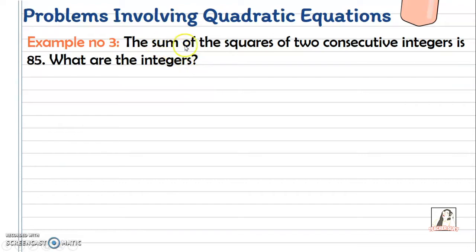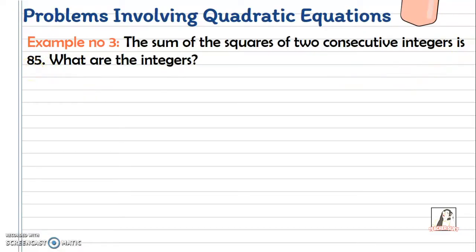So, ang sabi, sum. Ibig sabihin, ang operation na gagamitin natin ay addition. Next na keyword is the squares of two consecutive. Ibig sabihin, square daw ng dalawang magkasunod na integers or number na equal sa 85.